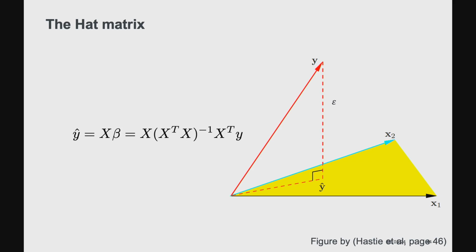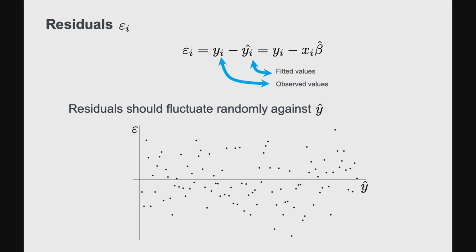Now, when we do this, the question is, how good is our beta? So how good is this part? Well, we said before that the epsilon is supposed to be centered around 0 and normally distributed. So when we look at these epsilons between our predictions and the true value, where the true value was from our observation and this was the fitted value, we can also write it like this.